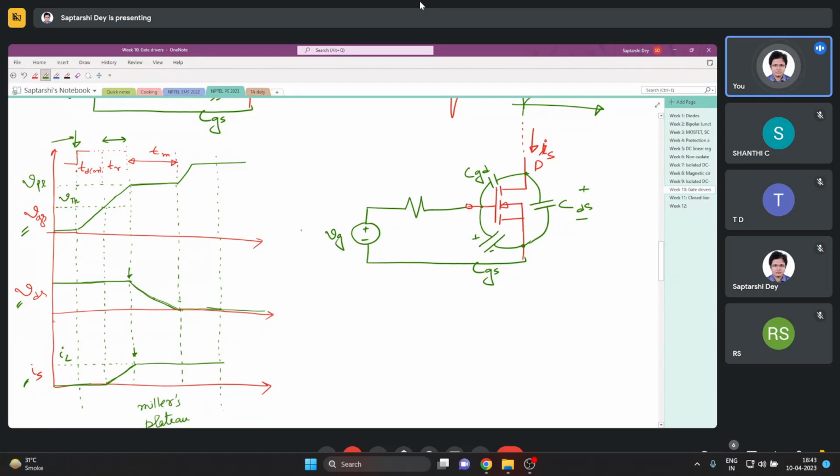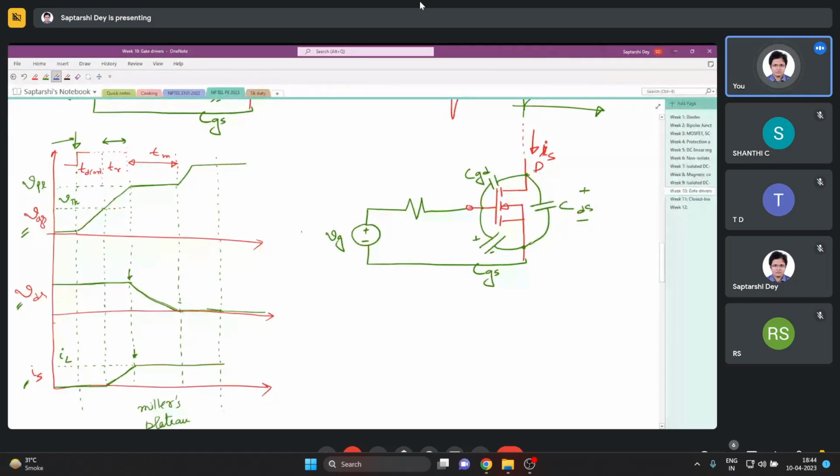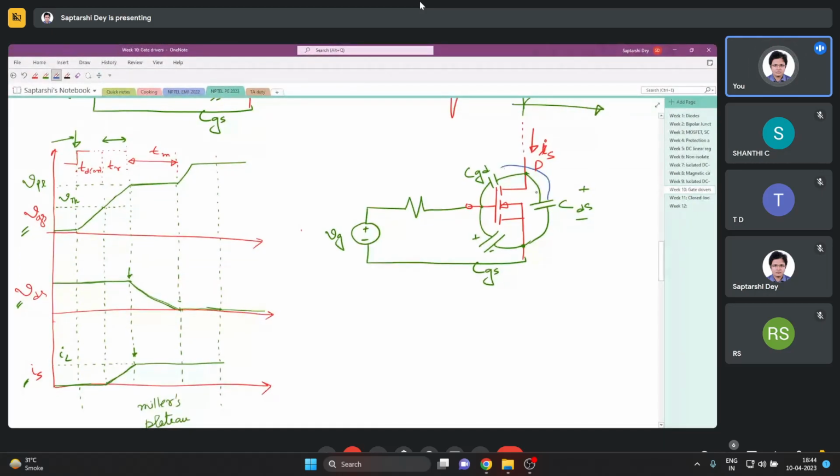Now beyond this, what happens during this time? If I draw it from here, CDS, this capacitor, most probably discharges through the switch.